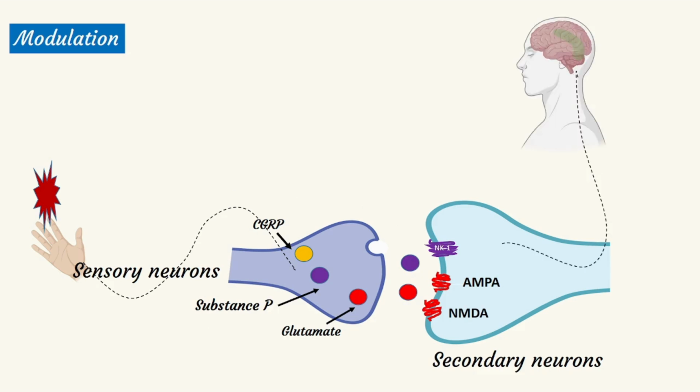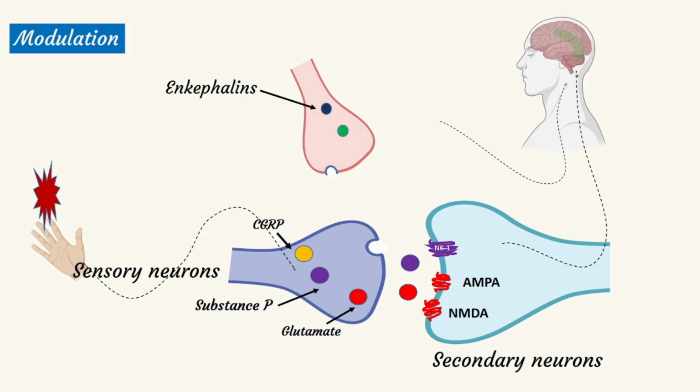Then further, in the ascending pathways, information passes to the brain, and from the brain the descending pathway begins, and they activate the neurons which contain opioid neurotransmitters such as enkephalins, dynorphins, and endorphins.